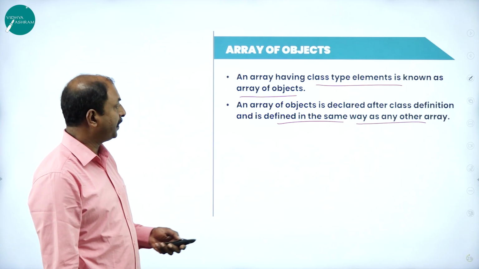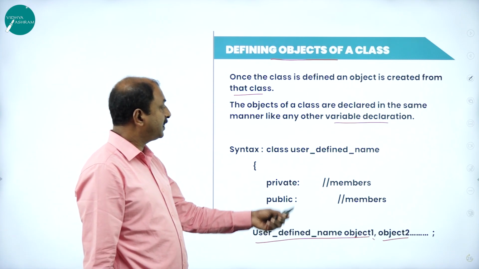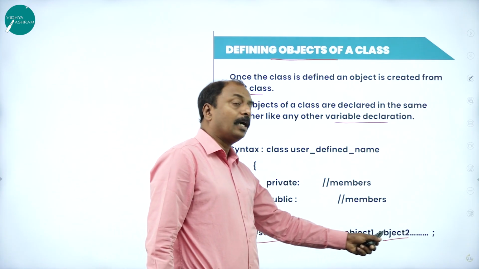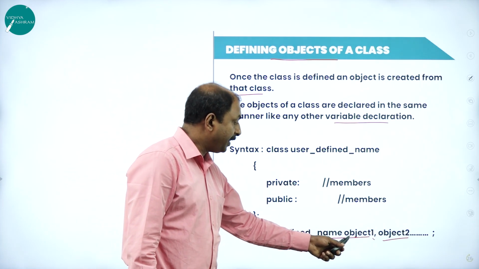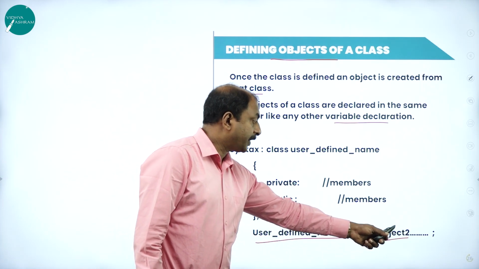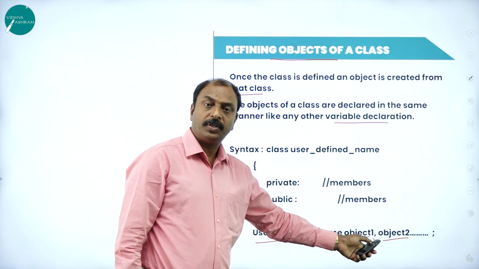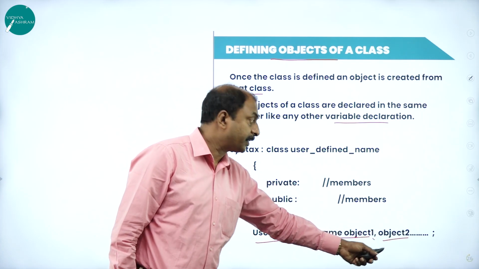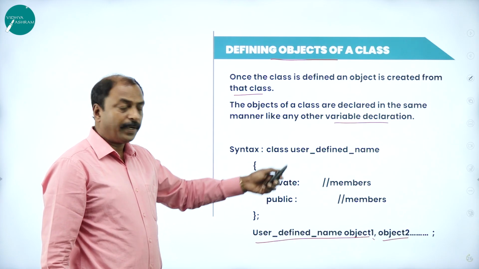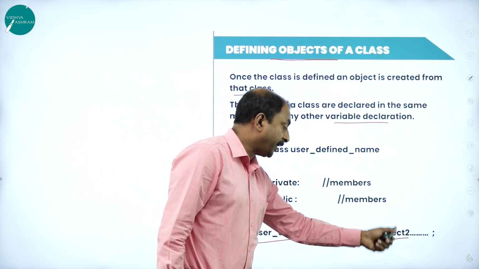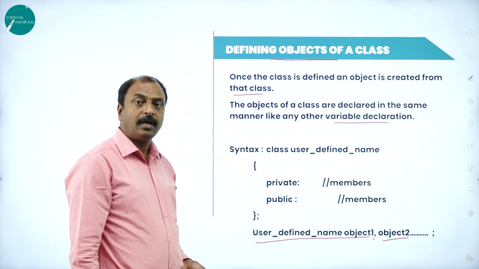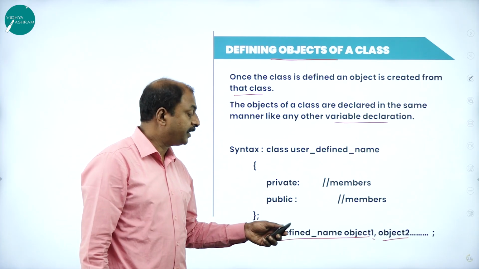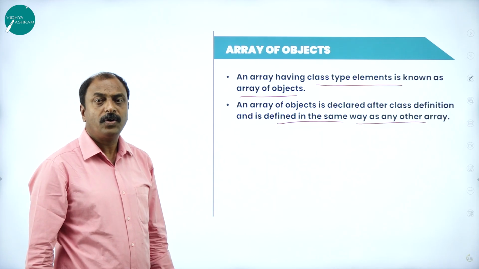In the previous syntax, object 1 and object 2 are two individual, different objects of the class. But in place of one object, it is possible to have an array of objects. That is the concept of array of objects.